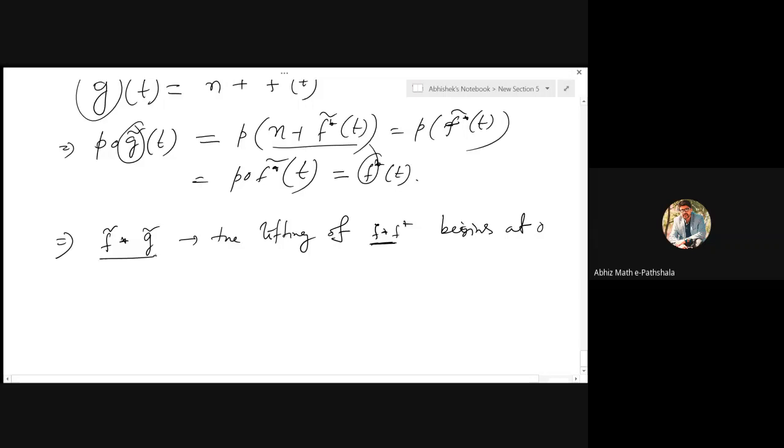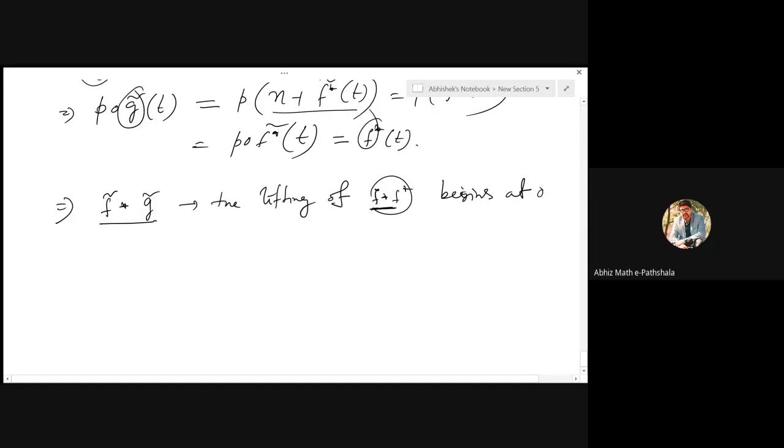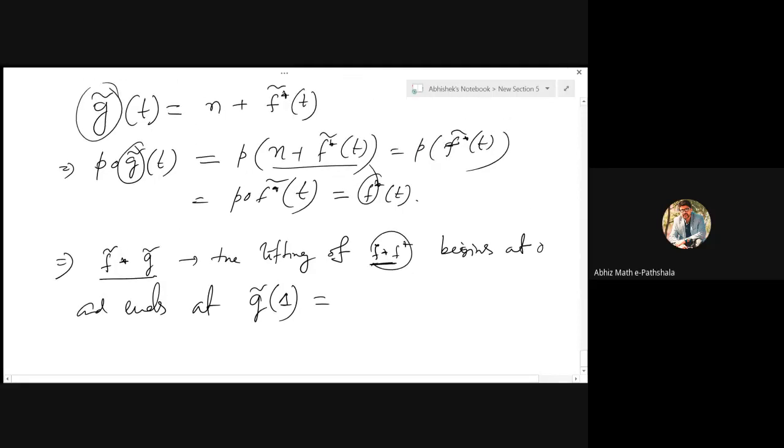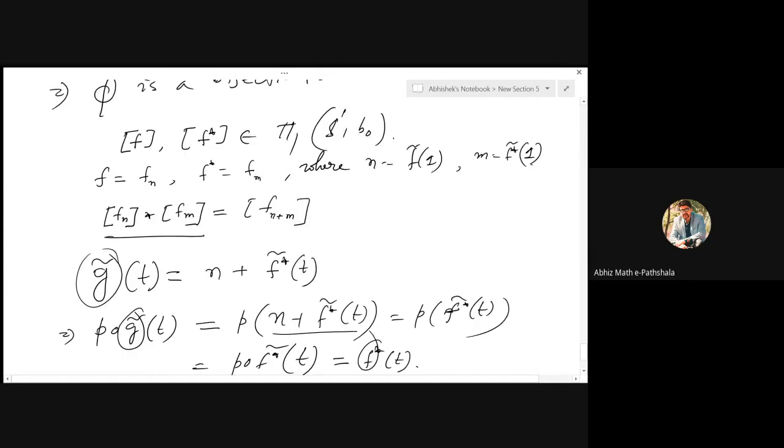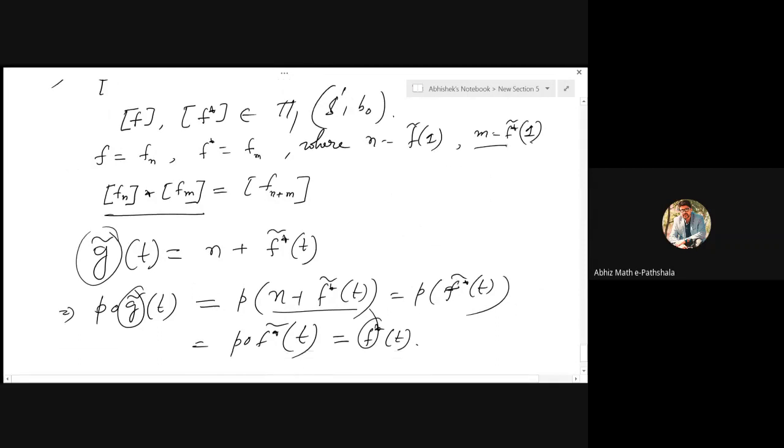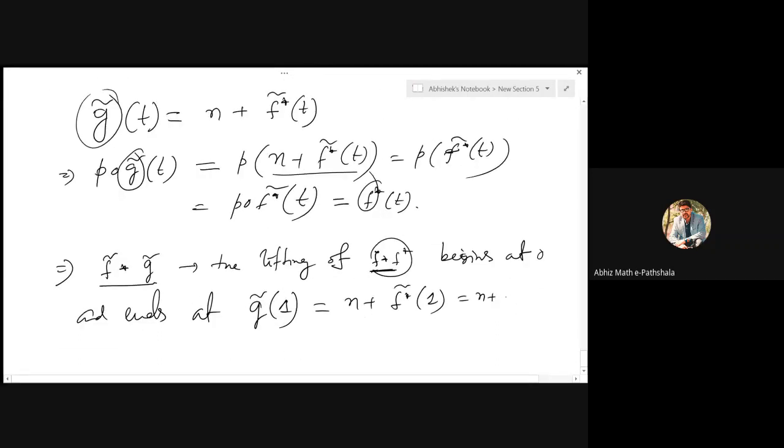But where does it end? It ends at the point where G tilde ends, that is G tilde 1. And what is G tilde 1? It is n plus f star tilde 1. But what is f star tilde 1? It is m. So it is n plus m.